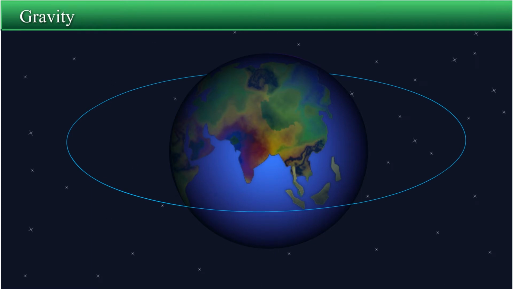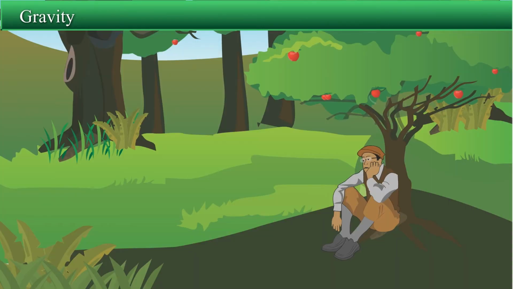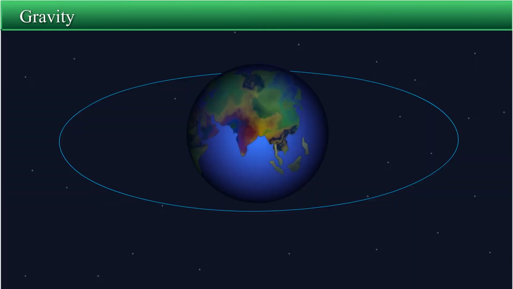No, Dad. It is said that when Newton was sitting under a tree, an apple fell on him. He started thinking that if Earth can attract an apple, then why can it not attract the Moon? What happened next? Newton concluded that at each point on its orbit, the Moon falls towards the Earth instead of going off in a straight line.